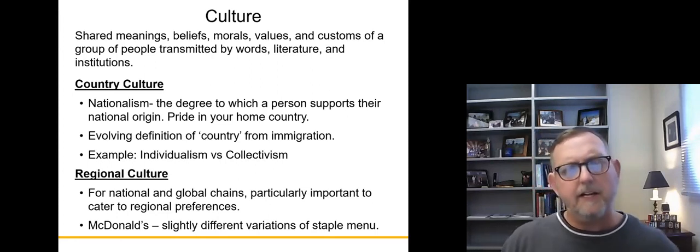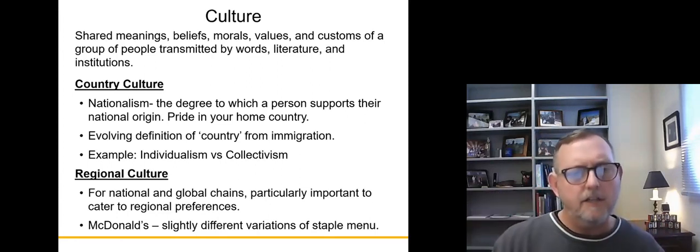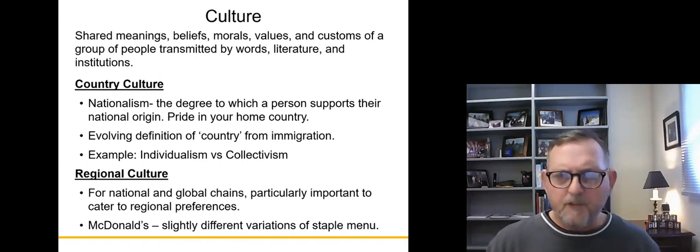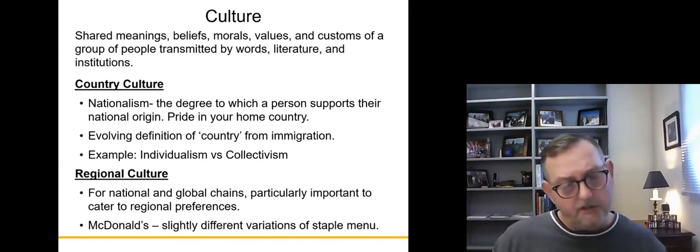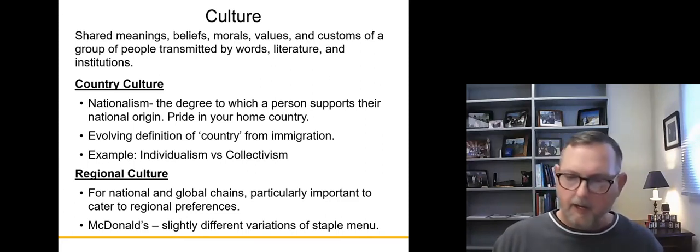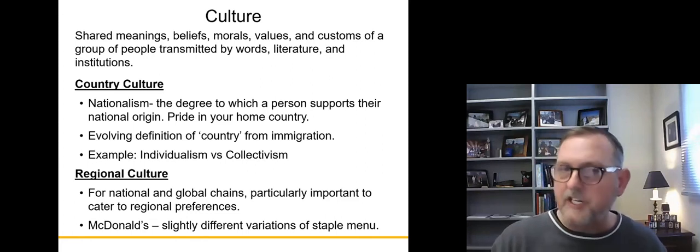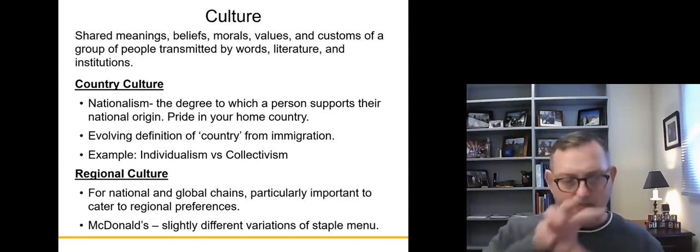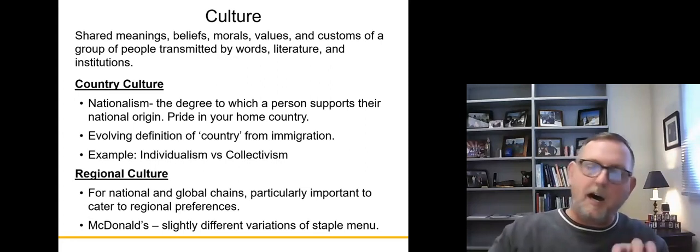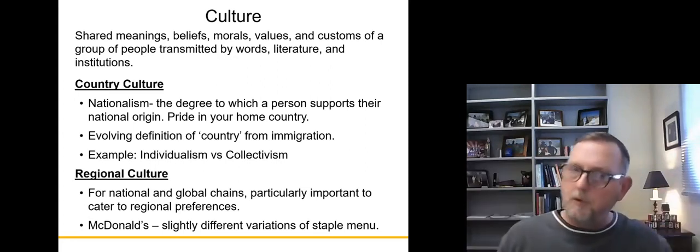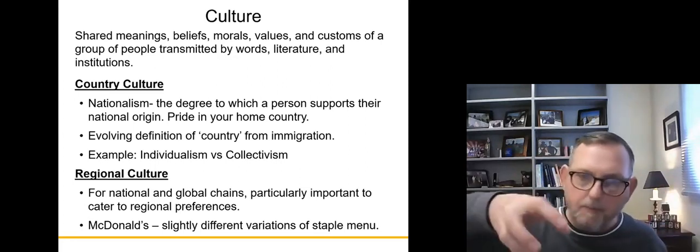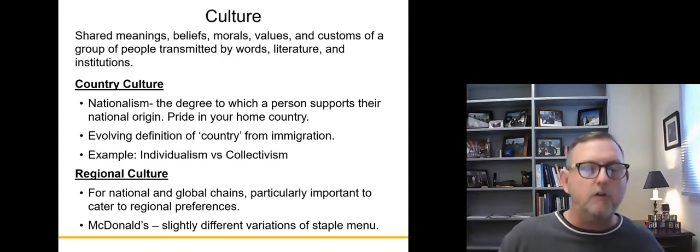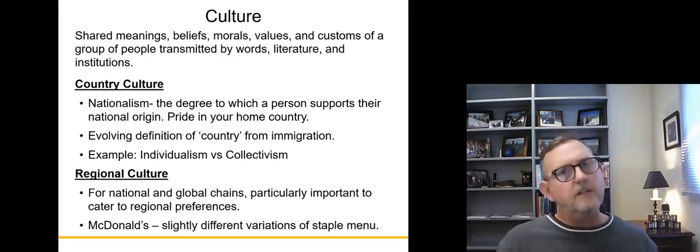You can also have regional culture as well. And again, there are different levels of abstraction. Within a country, especially a large country like the United States or China or the Soviet Union, Canada, there are lots of really big countries geographically speaking. Within these countries, there are pockets of people, and these pockets of people have their own local or regional culture.